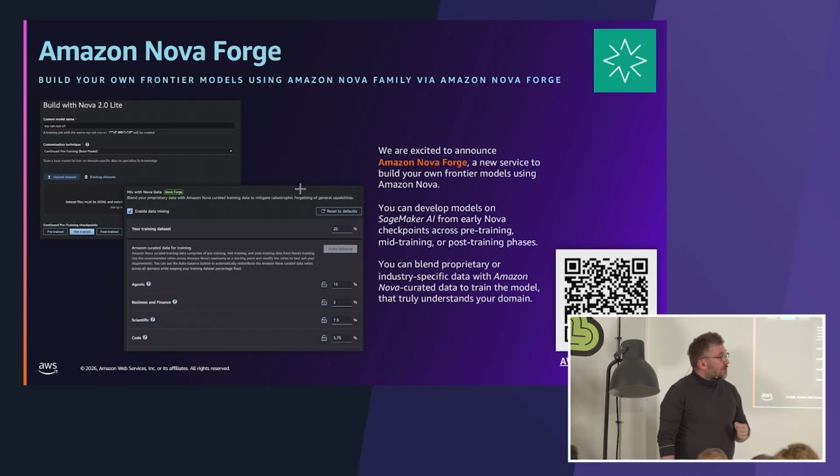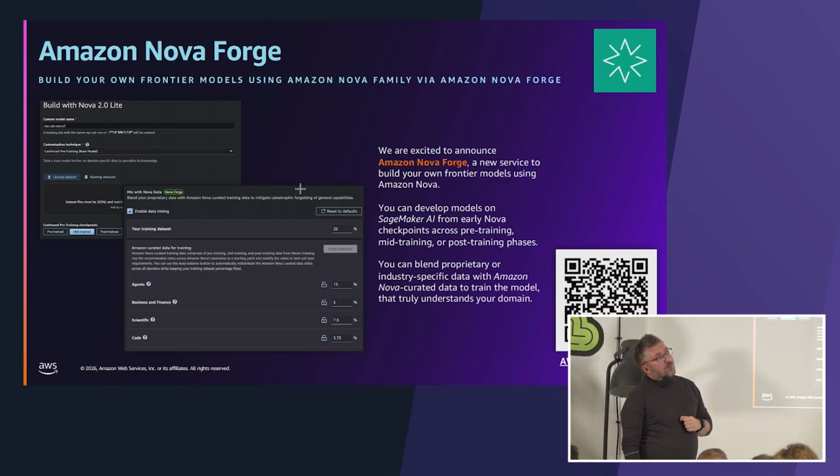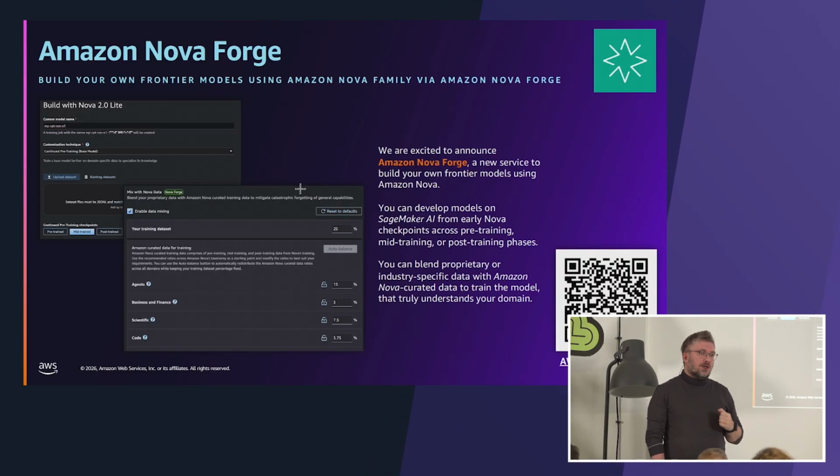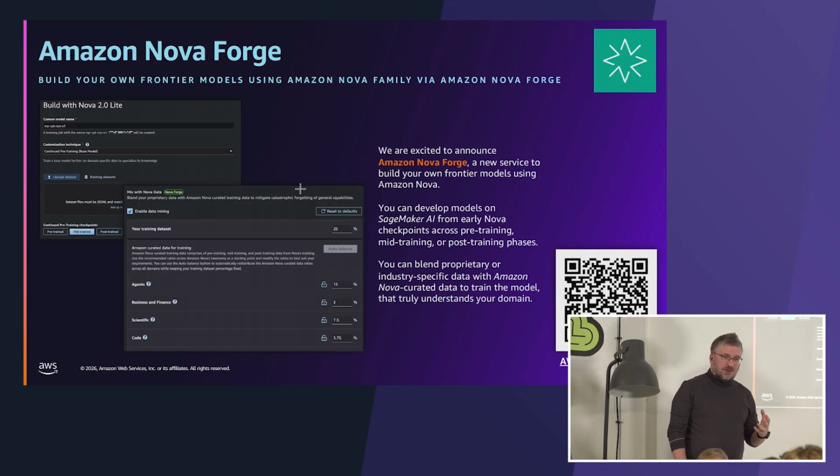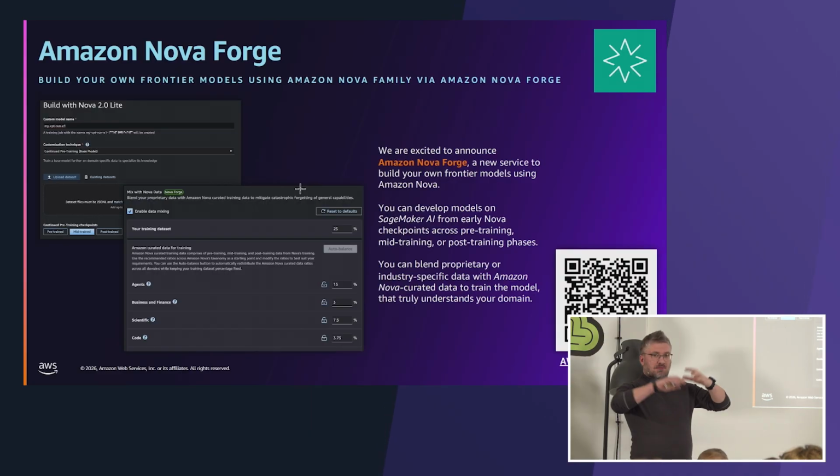Also, we introduced a very new service called Amazon Nova Forge. So imagine that you want to have your own LLM, which is, let's say, very industry specific. That industry has so much non-public context, maybe plane construction or something like that, that RAG will not be an option, right? With RAG, you will not be that accurate because of the amount of information that you need to embed into the model.